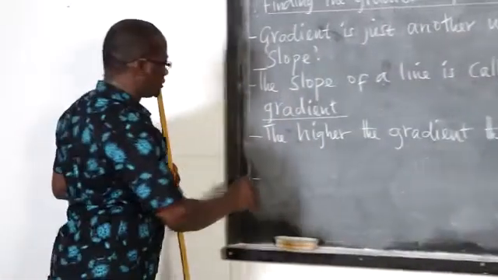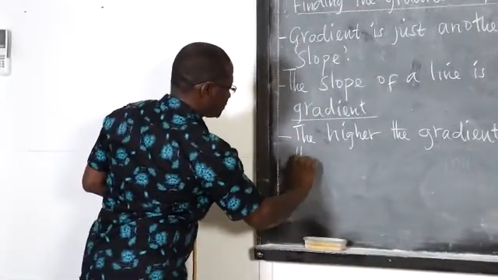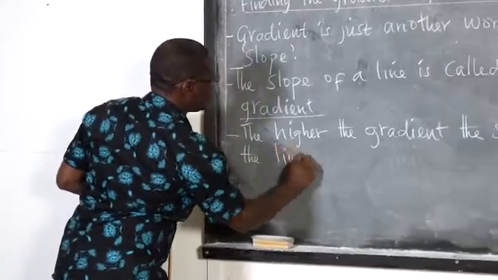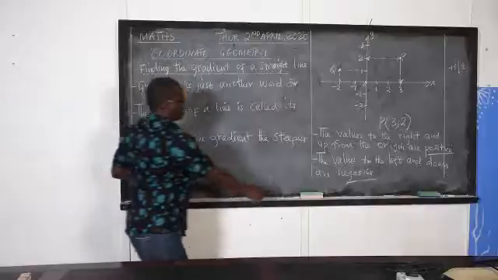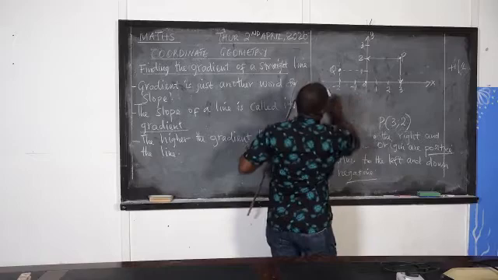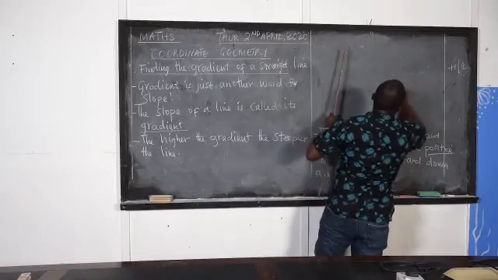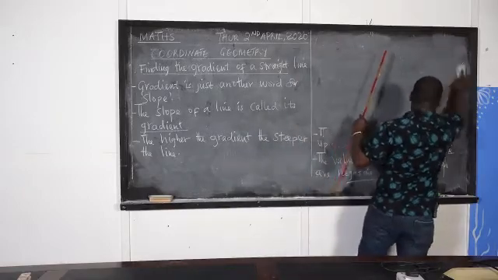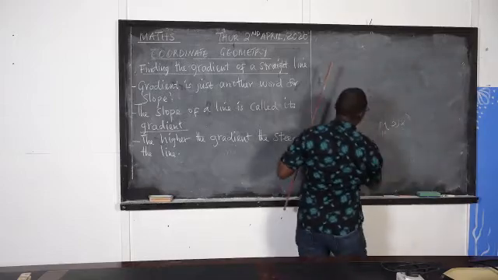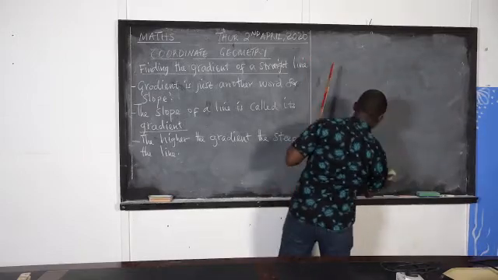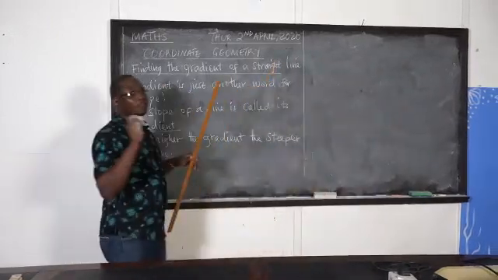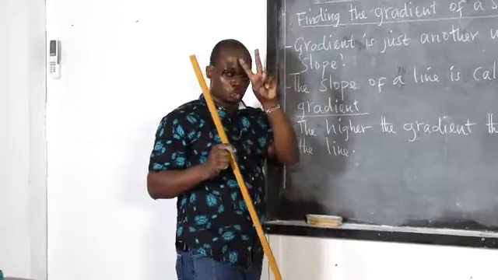So we're going to look now at how to find the gradient. And you should also know that for you to get the gradient of any line, you must have at least 2 points.